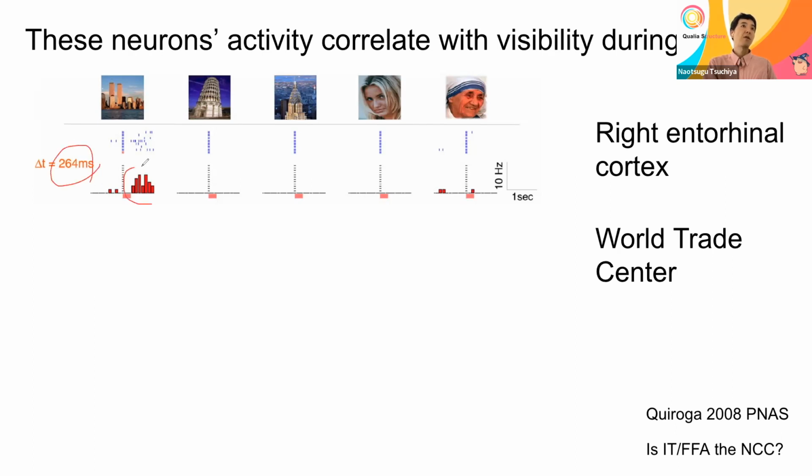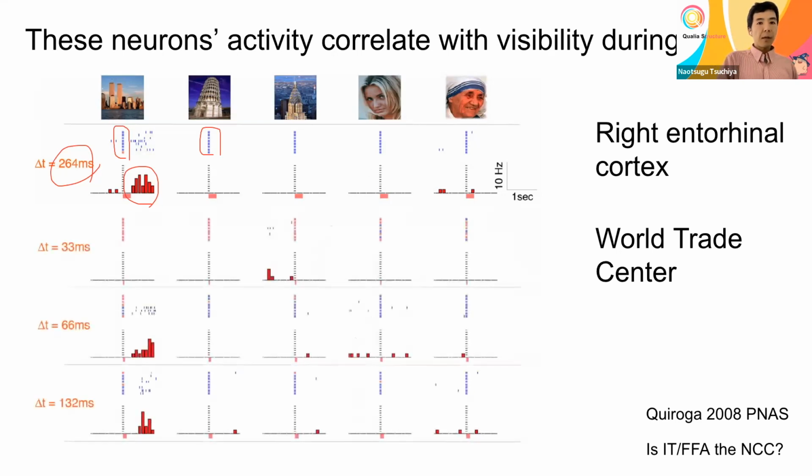Then it generated a lot of responses. And this blue or red marking here is the patient's report of whether they saw the object clearly or not, or whether the presentation was a face or not, or something like that. It's a very simple behavioral response.